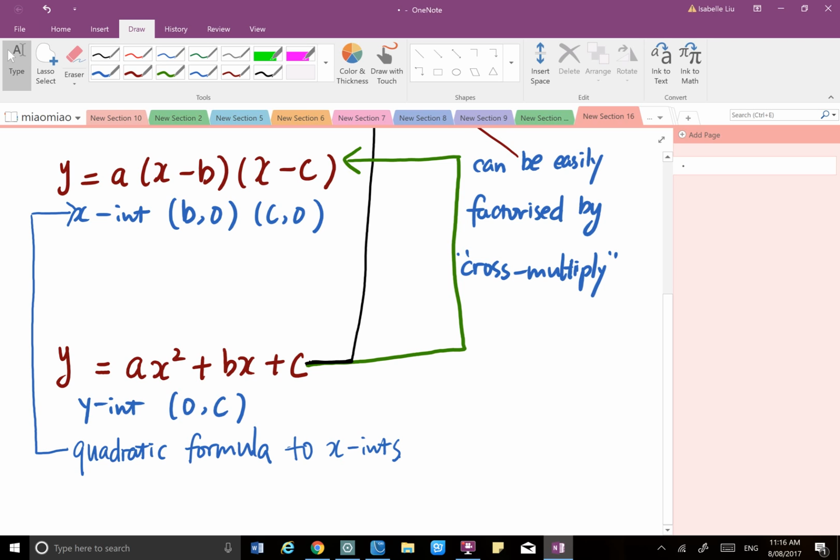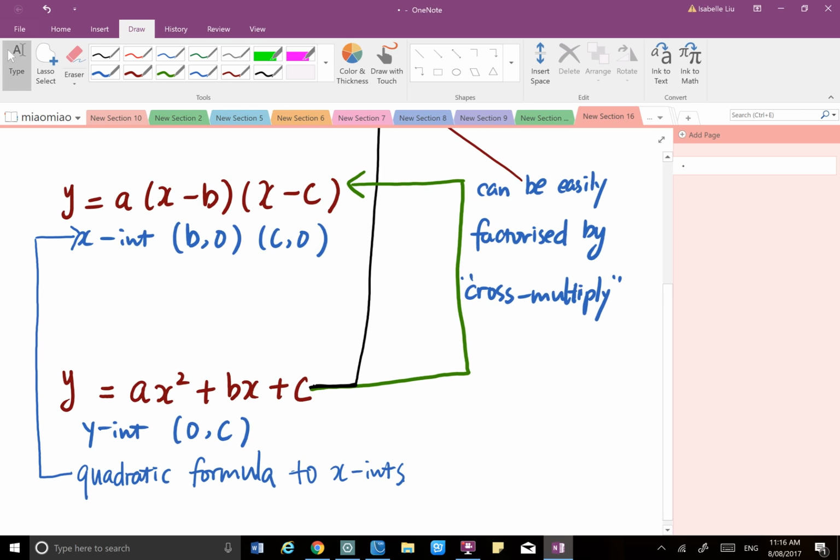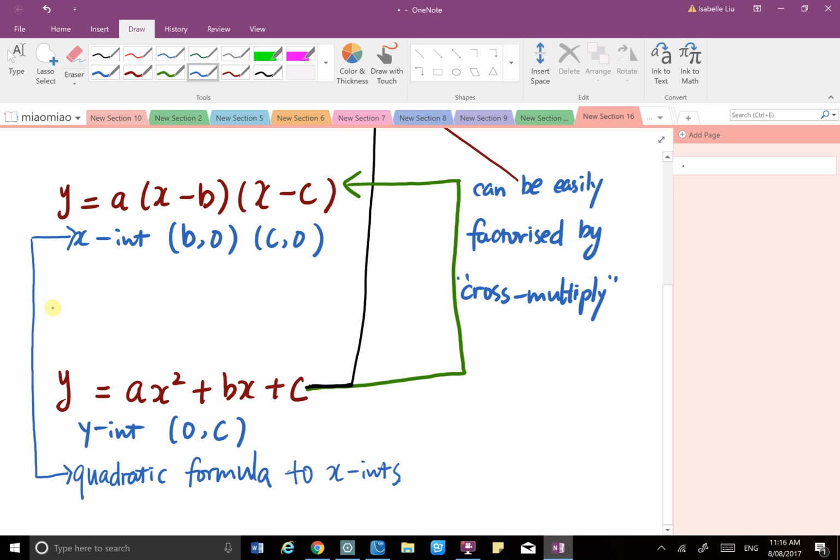If I can factorize it easily, I can find the intercept form and then the x-intercept. But if I can't factorize it easily, it will be easy to calculate the x-intercept by using the quadratic formula. So the difference between those two will be the difficulty level of factorizing.